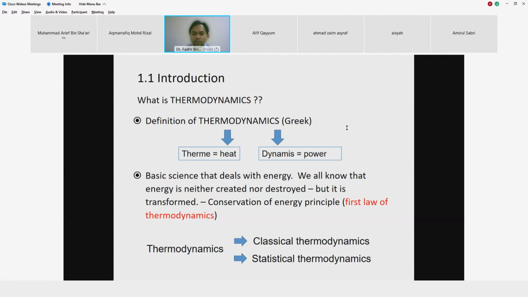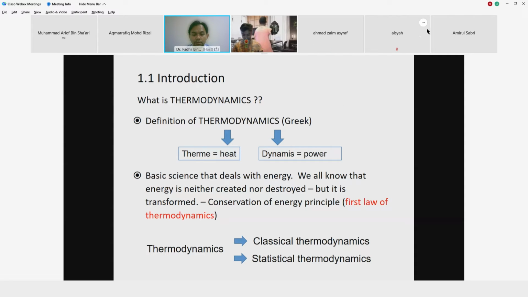Tak hilang ke mana-mana, dia tersimpan, conserved. So that's why scholars in the thermodynamics field came up with one principle, the conservation of energy principle, and this principle is the first law of thermodynamics.